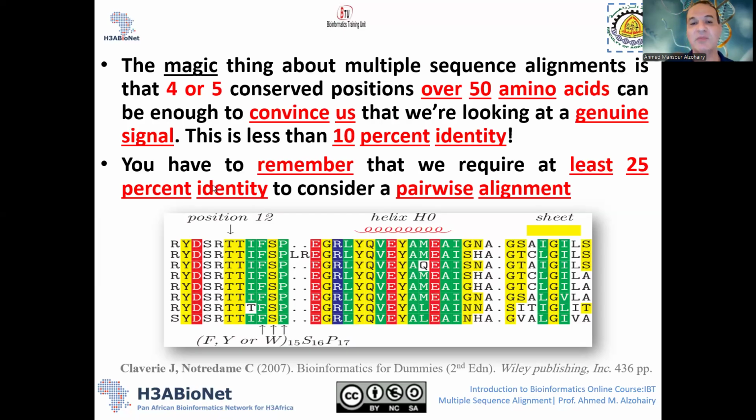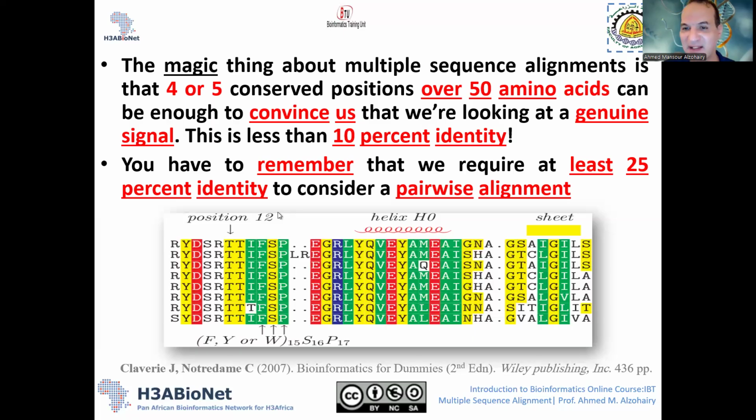You have to remember that we require at least 25% identity to consider a pairwise alignment. So if you would like to consider that there is a pairwise alignment between two sequences and a common ancestor, you have to understand that you need at least 25% identity. And this is very important, at least.